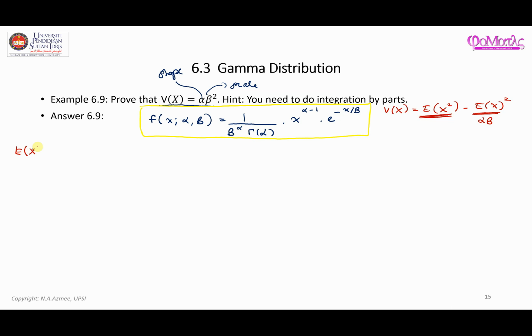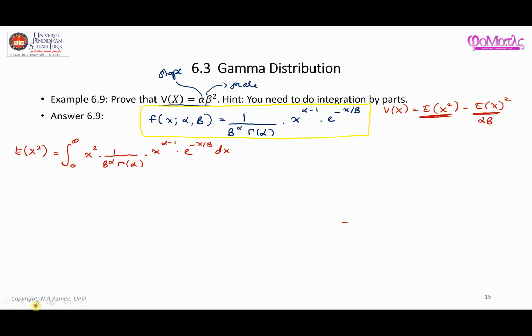The expected value of X squared, we have to apply the integration process. Here we have x squared times f of x, which is the whole thing. I'm just going to write down the function, and we're going to consider the limit from 0 to infinity.